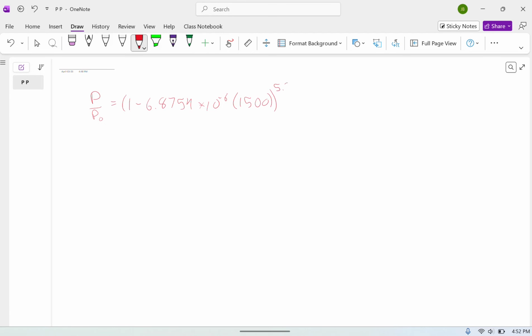And this results in 0.947 as our ratio of our pressure at our location to the atmospheric pressure at sea level. So with that value, we can now carry on to our actual psychrometric calculations.